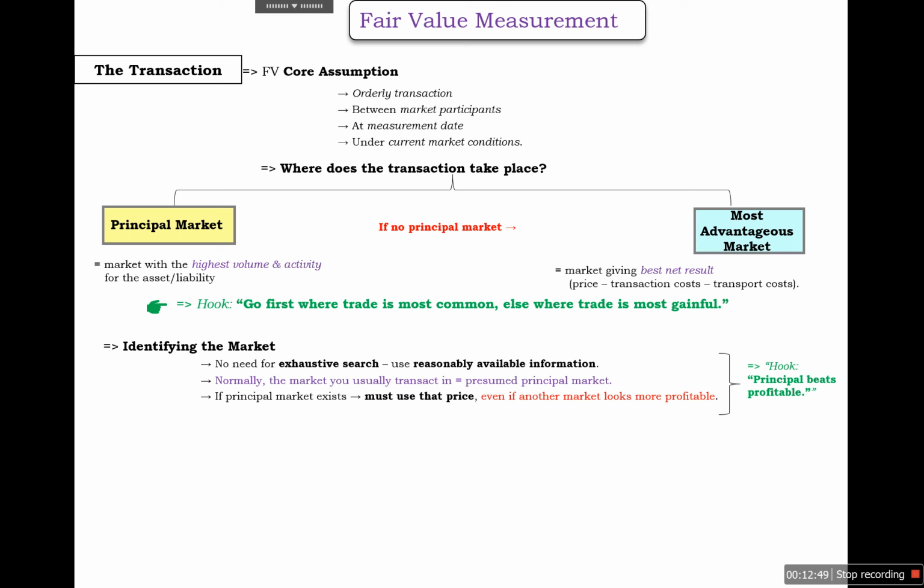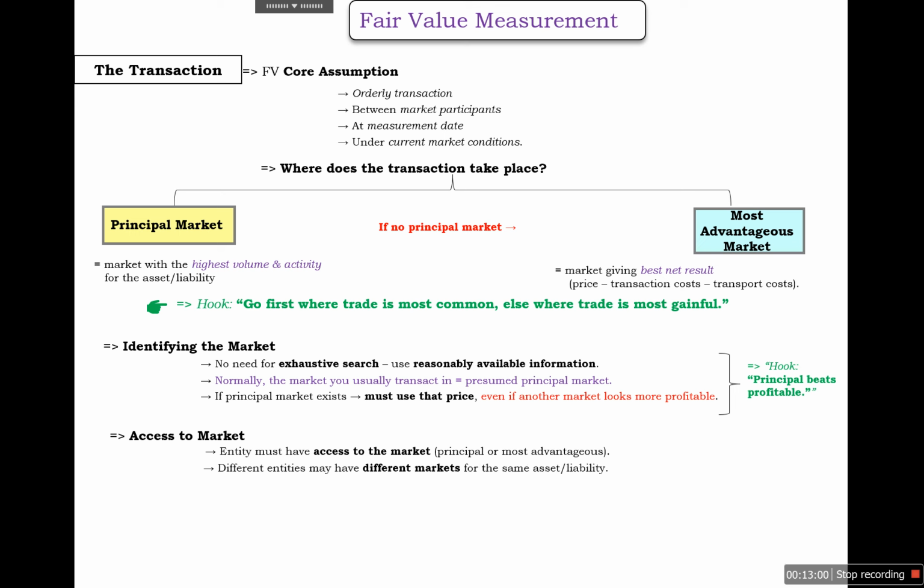Next is accessibility to the market. The entity must have access to the market, whether it is the principal market or the most advantageous market. Different entities may have different markets for the same assets and liabilities. So we need to check where we are selling. It is important where the entity is selling its goods, that is the principal market for it.